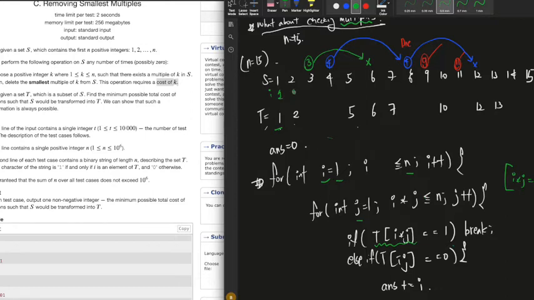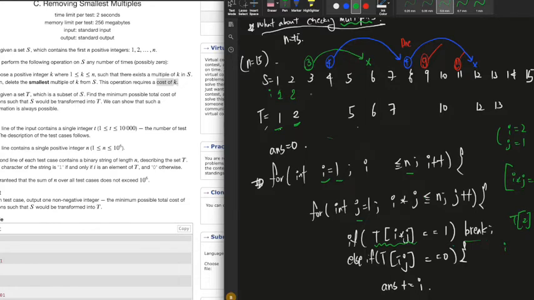Then I will be 2, and j will be 1. So ij will be 2. Now we think about t2. What about t2? Yes, we have the number in t, so we break.